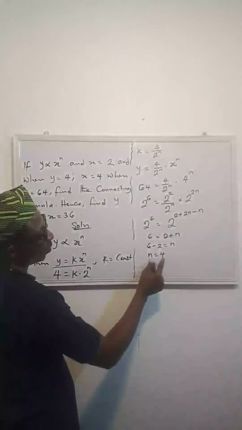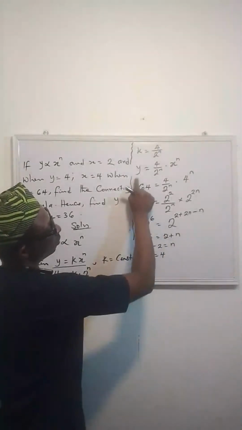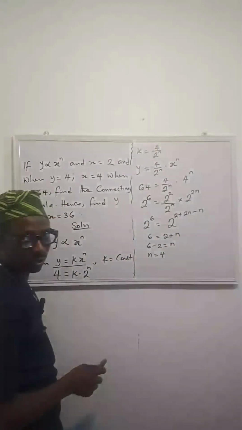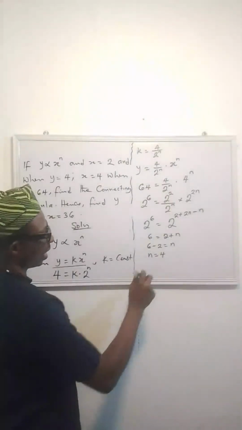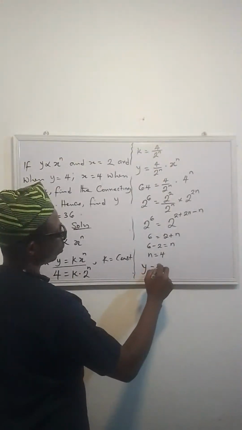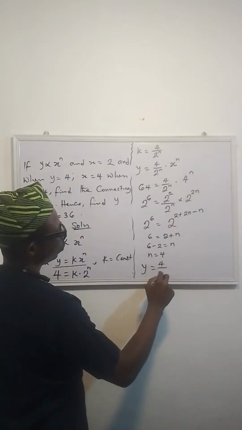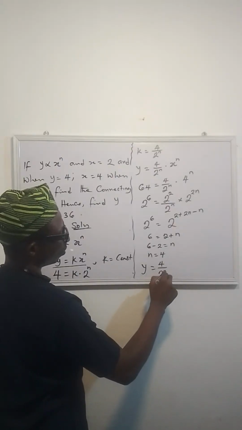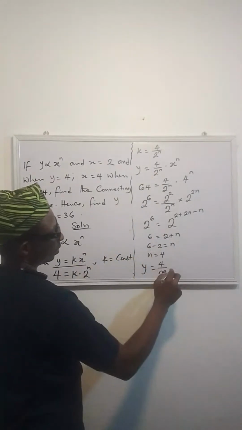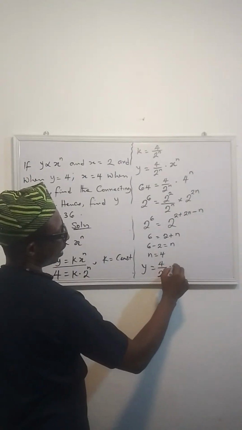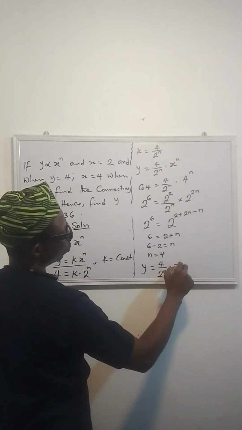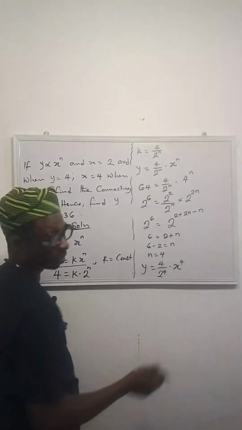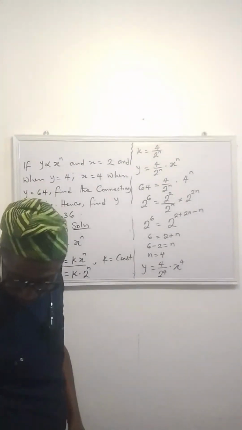So we can now plug in the value of n into this. That's going to give us the proper connecting formula. So we have y equals 4 over 2 raised to the power of 4 times x raised to the power of 4, because n is 4.